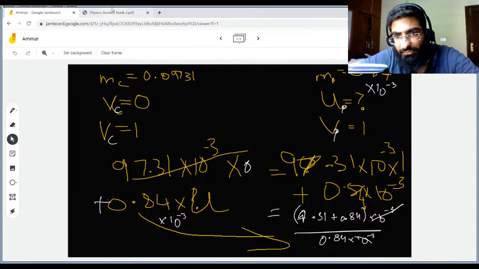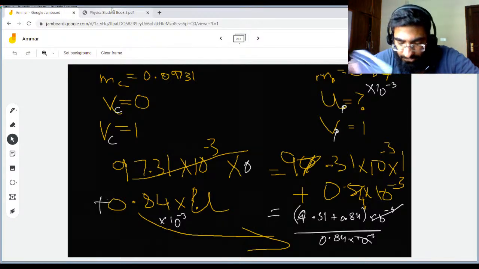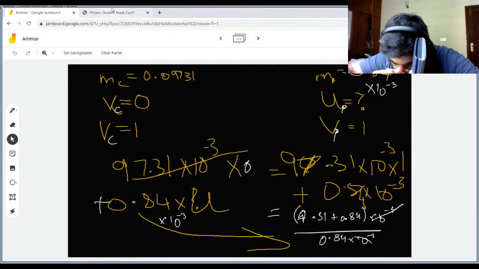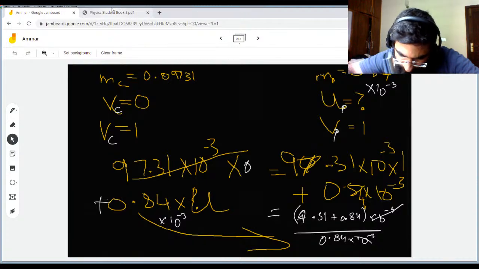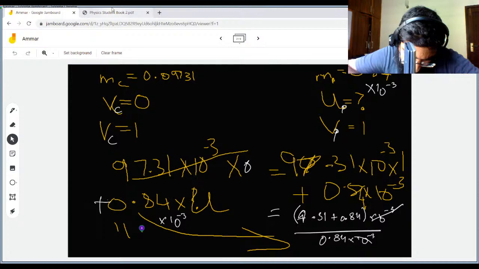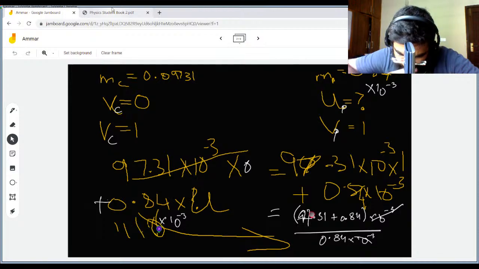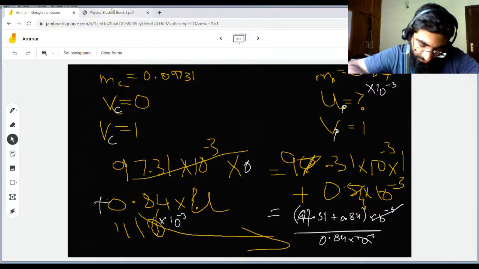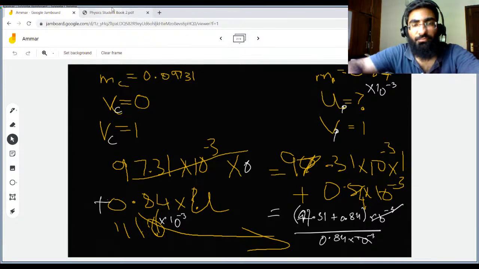These cut out. I get 116.8 meters per second, almost 120. Okay, good job. Next one, please.